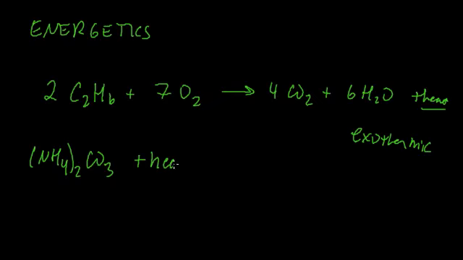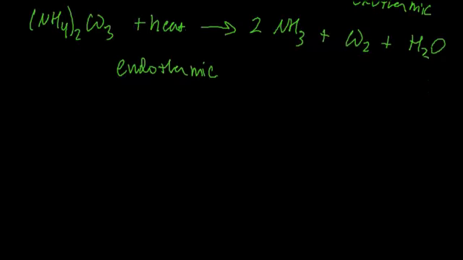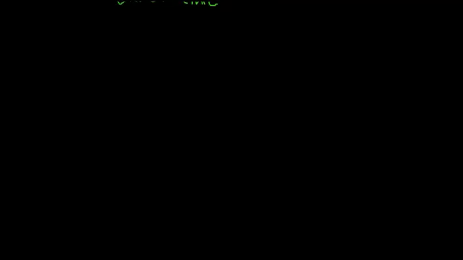You add heat to it, and with any carbonate, you're going to produce, in this case, 2 molecules of ammonia gas, some carbon dioxide, and some water. But because heat went in, this is going to be endothermic. Heat in, endothermic; heat out, exothermic.